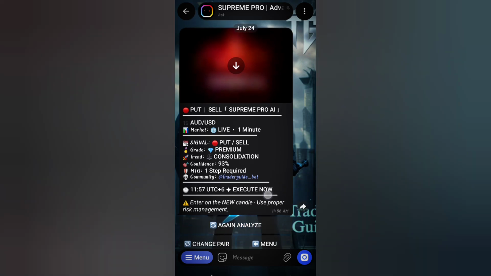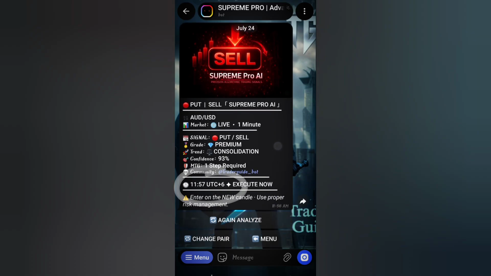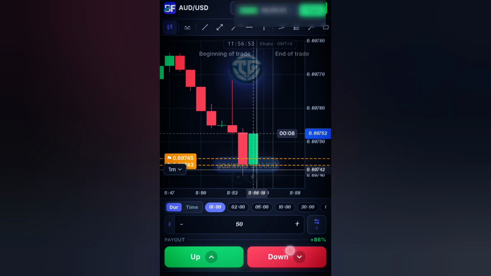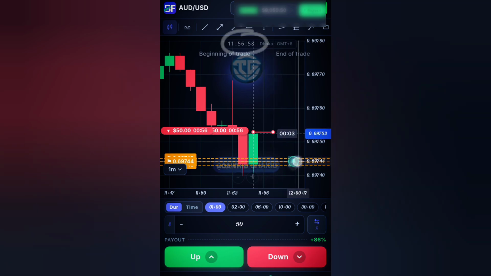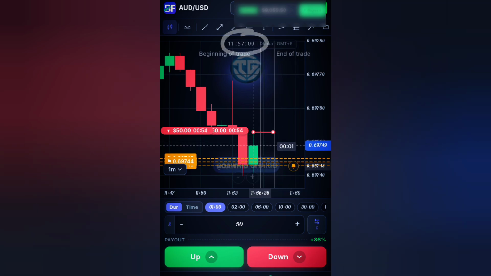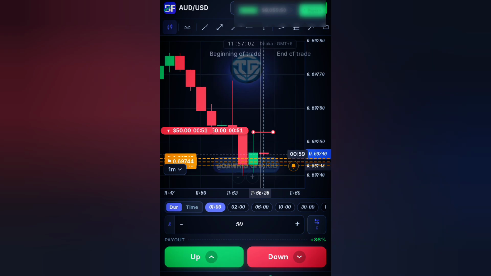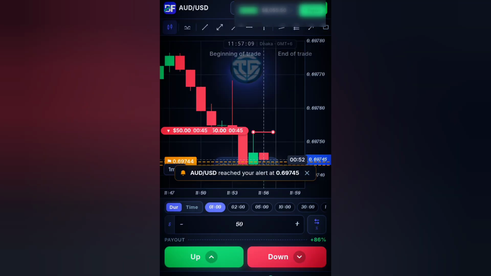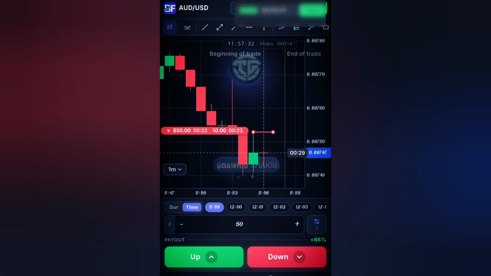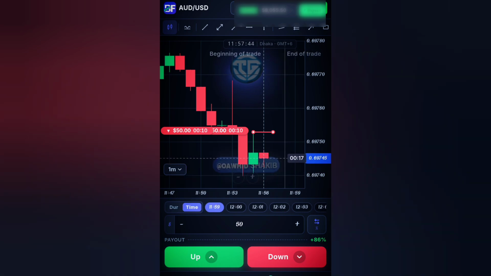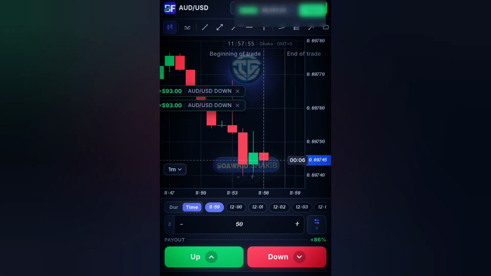Okay, our bot gave me a sell signal with skewed time. Now let me enter my trade on the binary funded broker. Successfully profit.